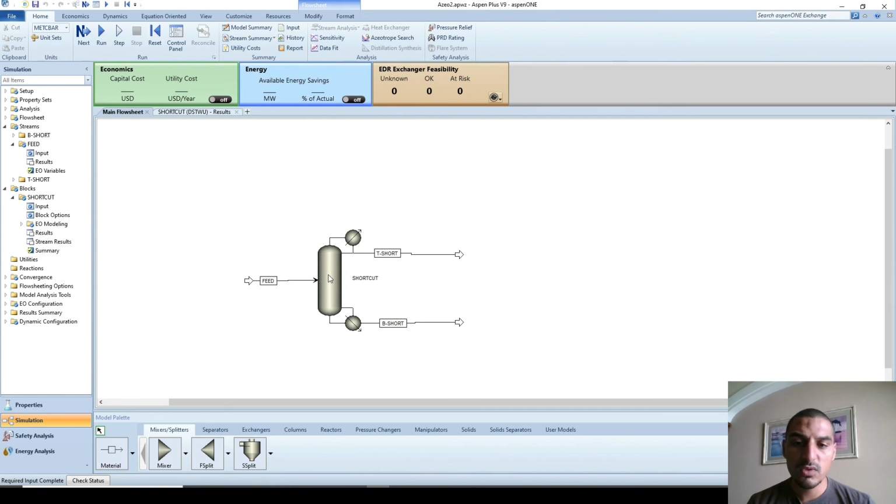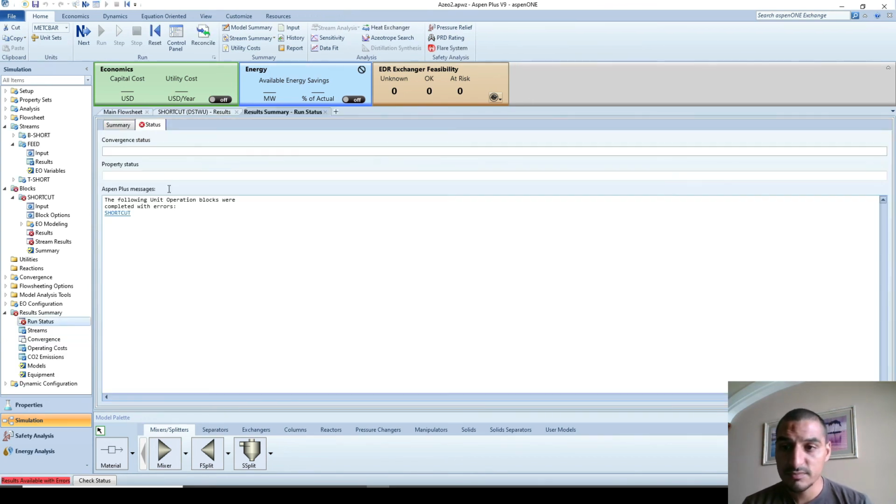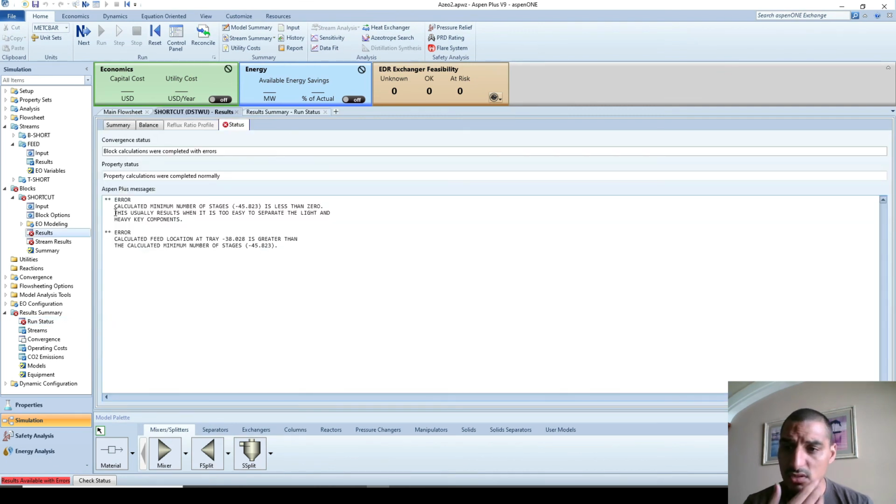So now what I want to do is to run the simulation with the shortcut column, having the feed as an azeotropic mixture. So it's giving an error, saying that there is an error in the shortcut column, and the number of stages is negative.